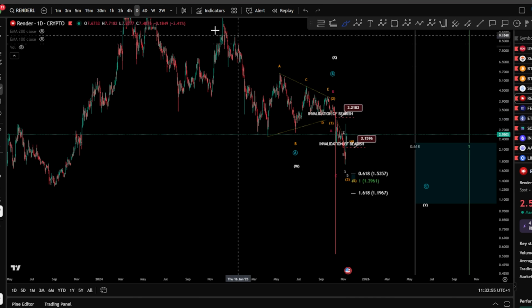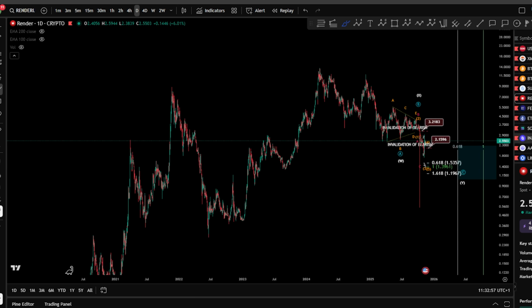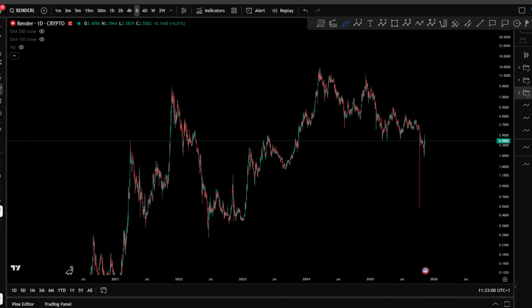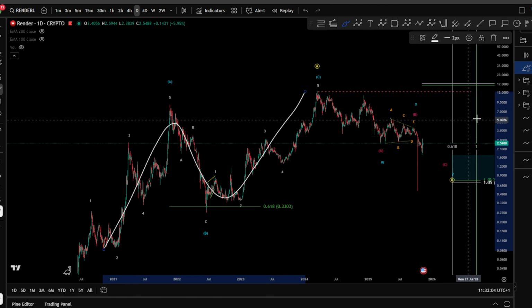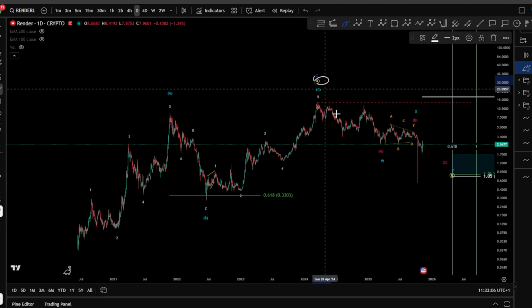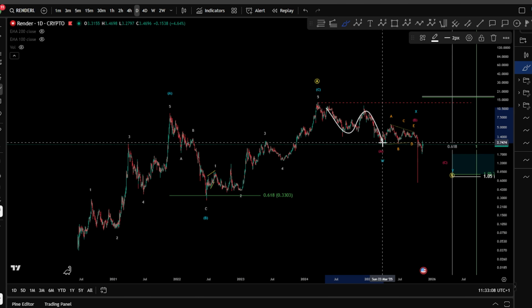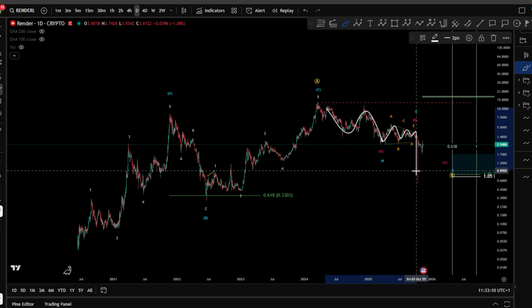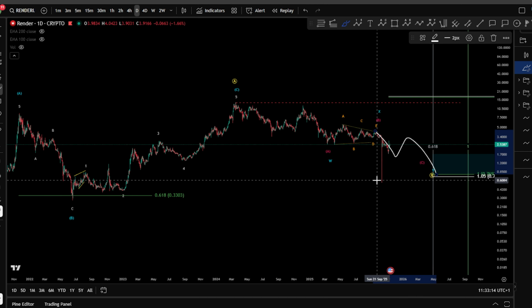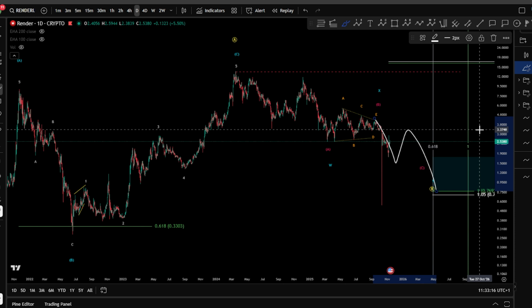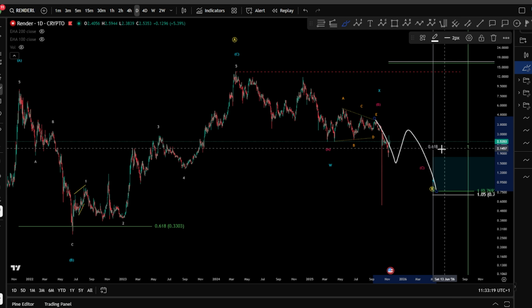Let's see Render. So for Render, you know that we were looking already at this triangle before the drop here. And after 3 waves toward the upside as a zigzag, we have finished the wave A. We might be here in 3 waves down, triangle for a wave B, and we're looking for a wave C. Now, the wave C can be a 3 waves structure as a zigzag or as a flat.